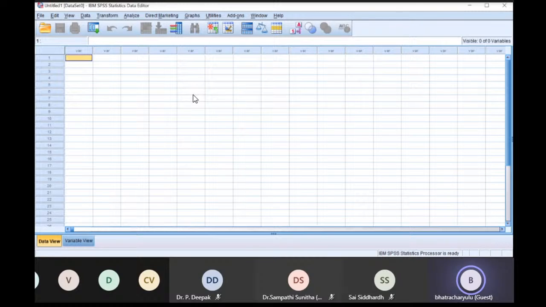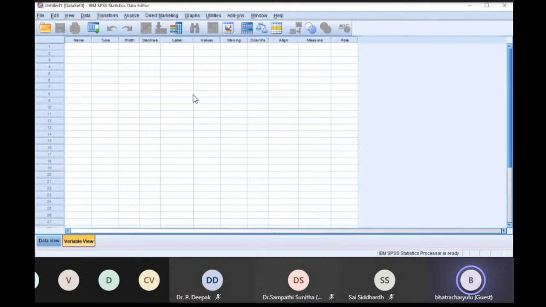Now, go to the variable view. In the variable view, it is just like an Excel sheet model, simple. Now write here, treatment.